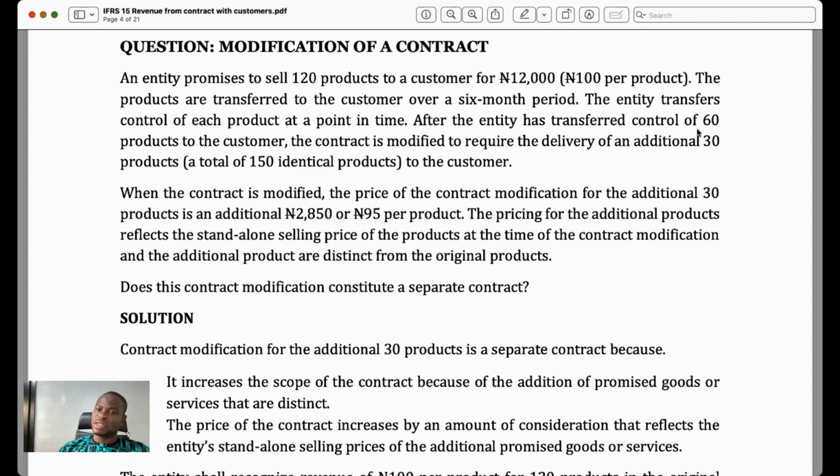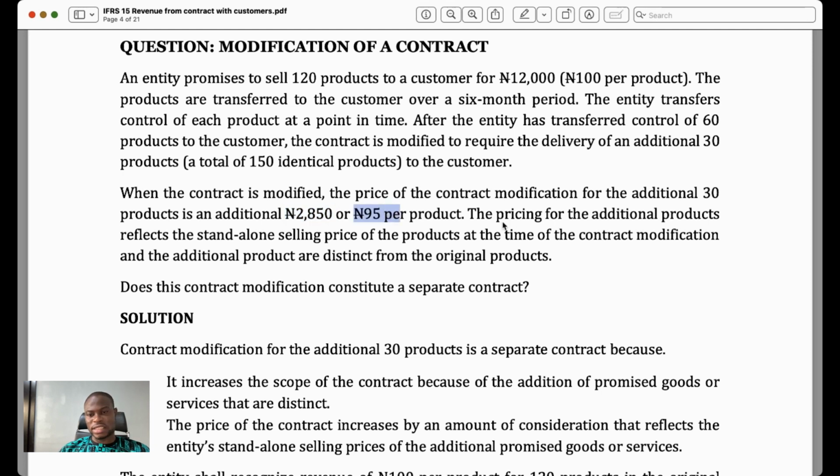So this modification, are we seeing it as a separate contract? Let's see. In the second paragraph, they said when the contract is modified, the price of the contract modification for the additional 30 products is an additional 2,850 or 95 naira per product.